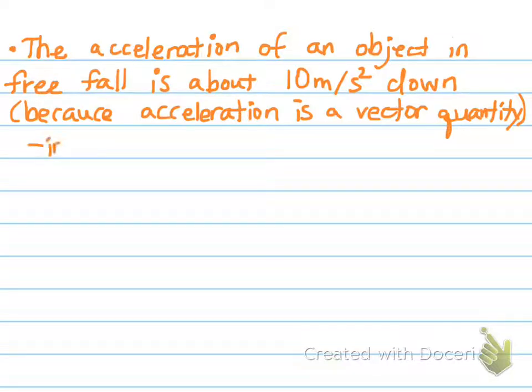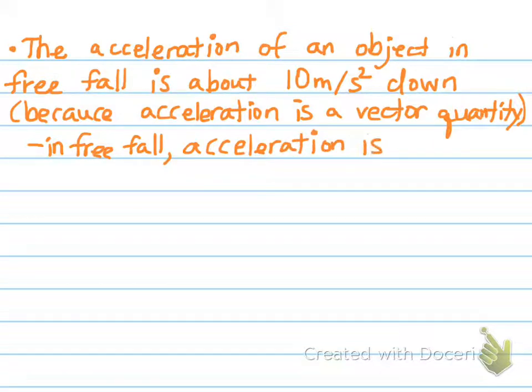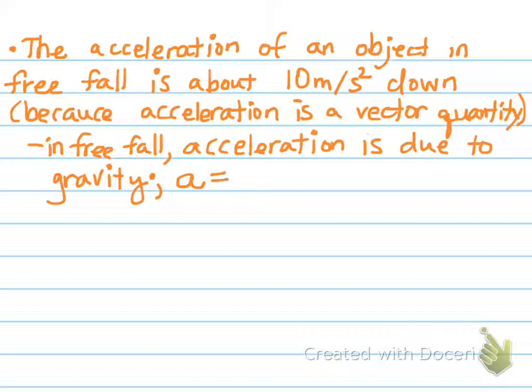So we can say that in free fall, the acceleration is due to gravity. What that means is a is usually what we use to represent acceleration, but because the only acceleration is due to gravity, we're going to substitute it with a g.